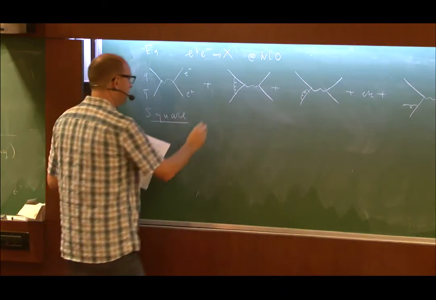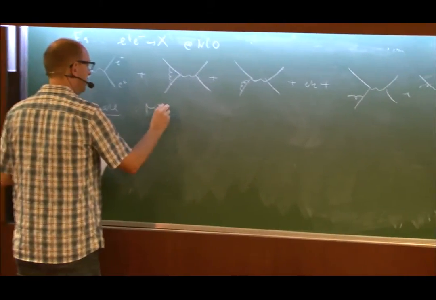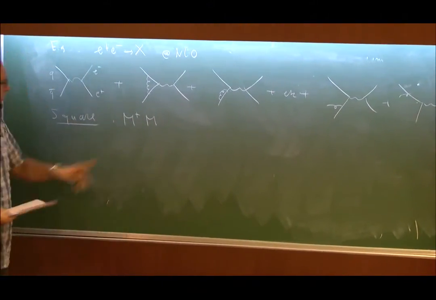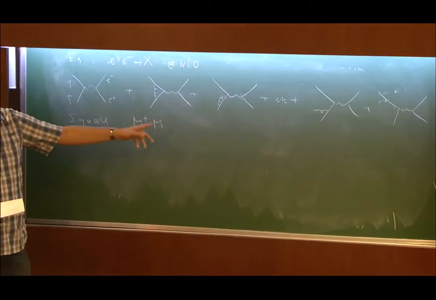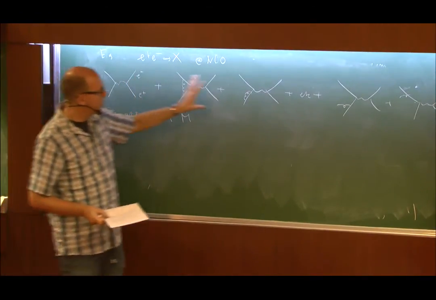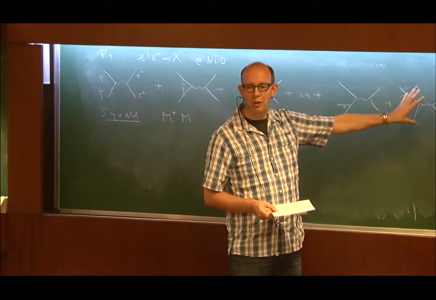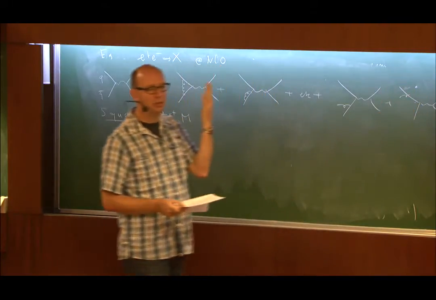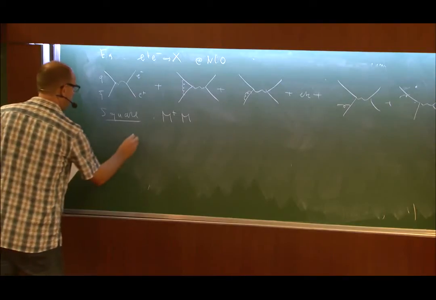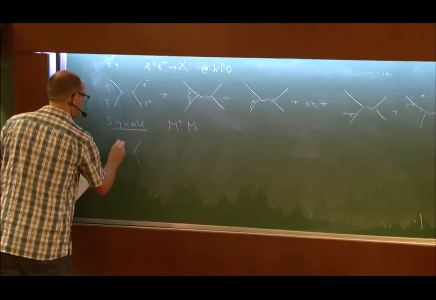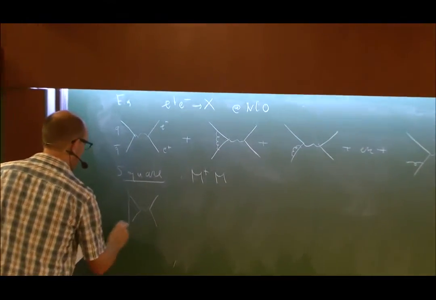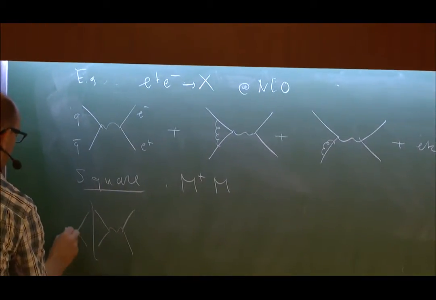And what I'm going to do is, square is M dagger M, or M star M. These are the diagrams contributing to M. I'm going to be drawing M star as well, but flipped, and separated with a line like that.